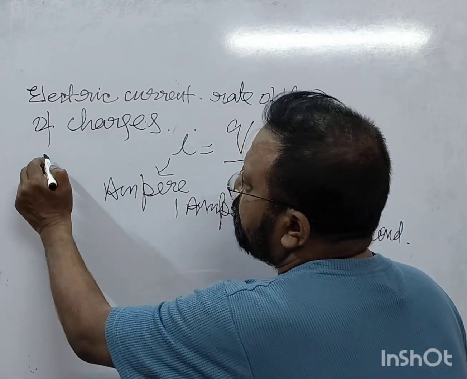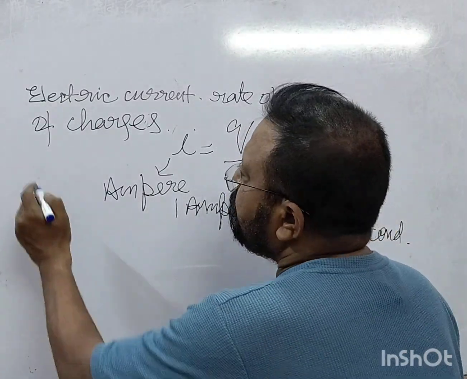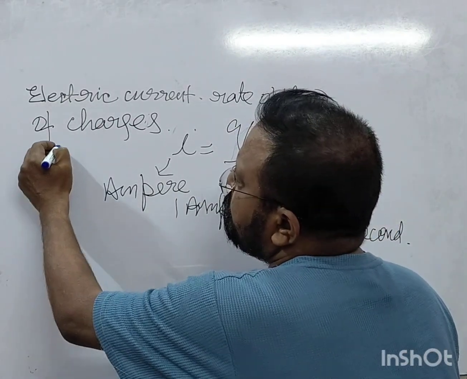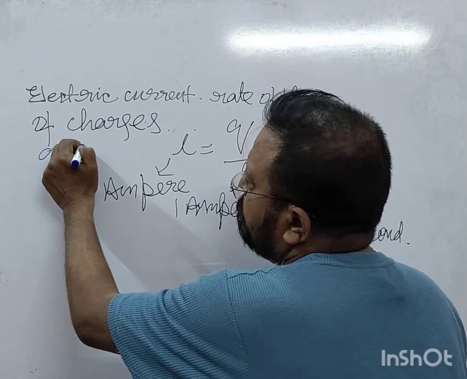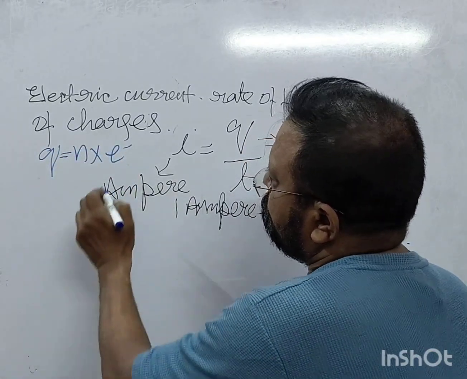Q can be written as Q is equal to N into e, where N is the number of electrons and e is the charge on an electron.